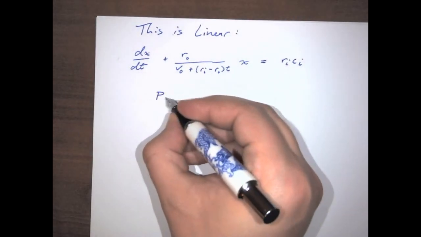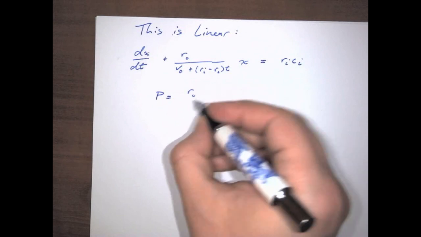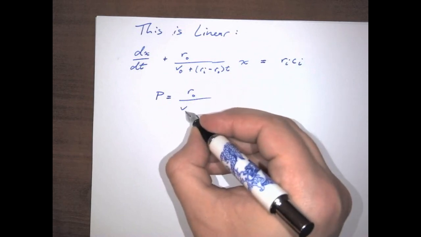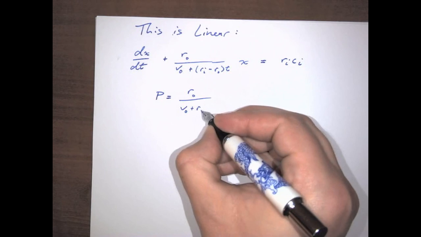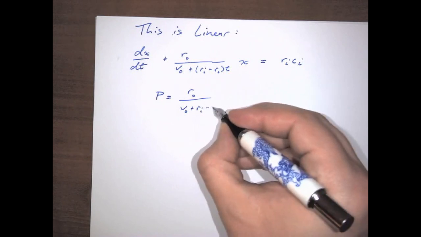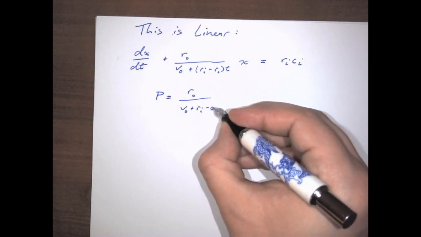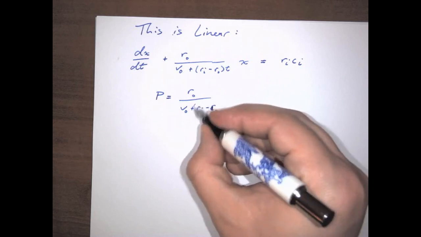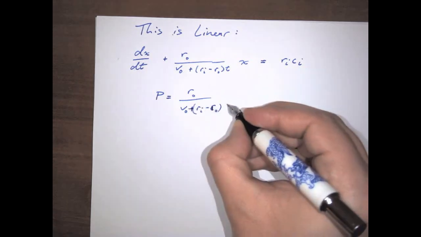So then P is going to equal R out over V naught plus Ri minus R out times T.